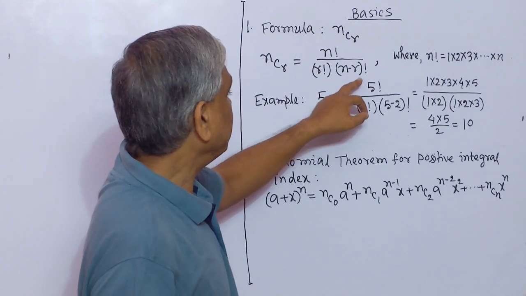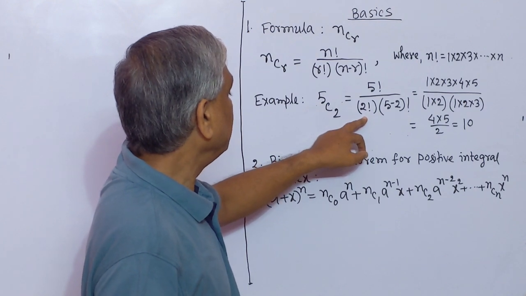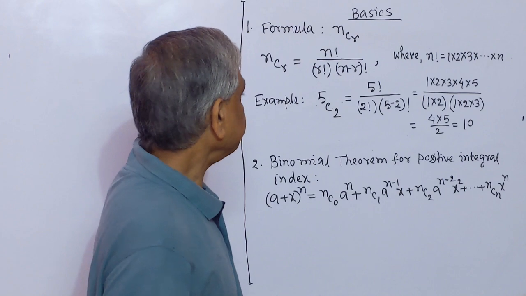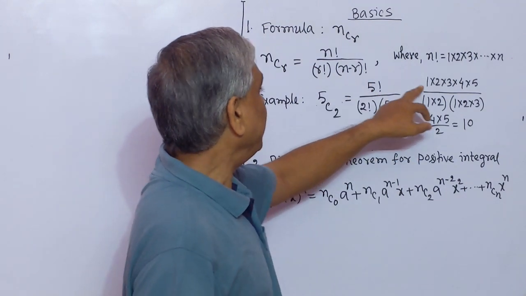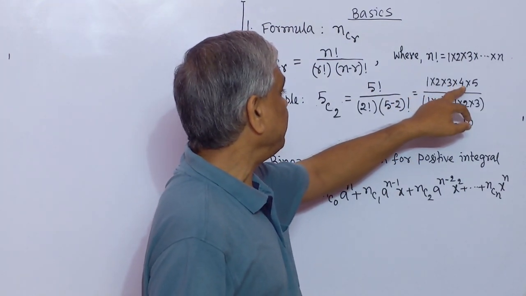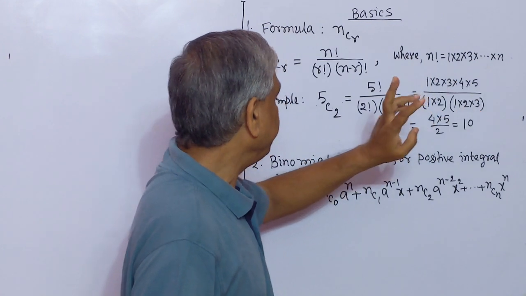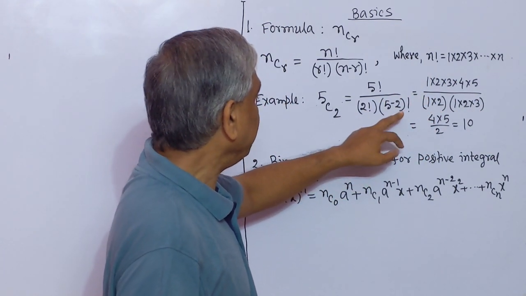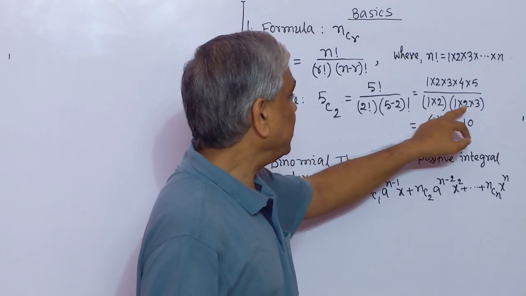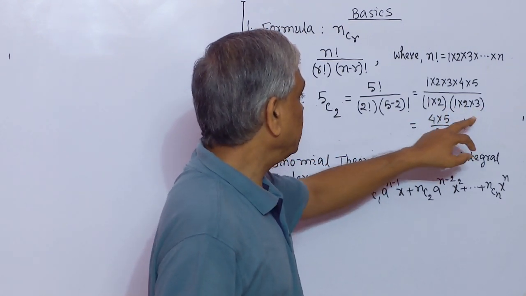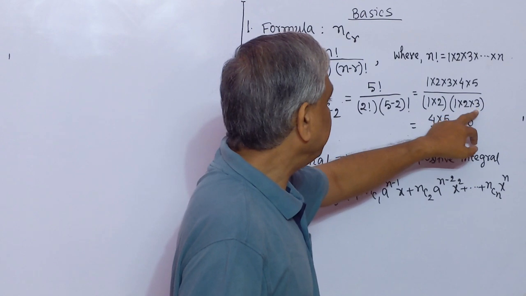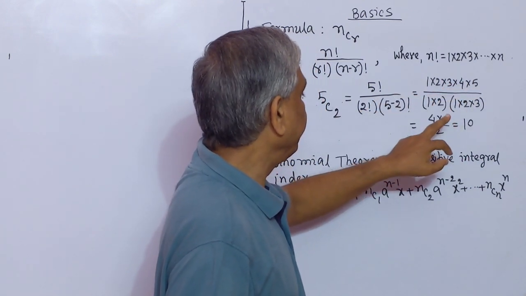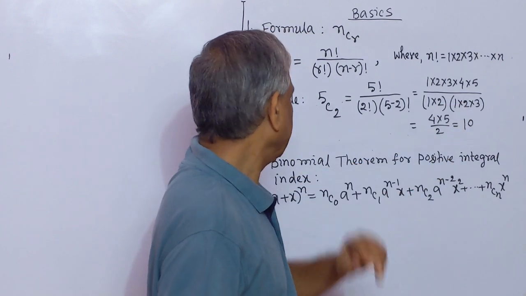So this is factorial 5 by factorial 2 multiply factorial 5 minus 2. Here factorial 5 means 1 multiply 2 multiply 3 multiply 4 multiply 5. Factorial 2 means 1 multiply 2. Factorial 3 here is 1 multiply 2 multiply 3. So up to 3 cancels here. Only 4 and 5 by 2 remains, which is 10.